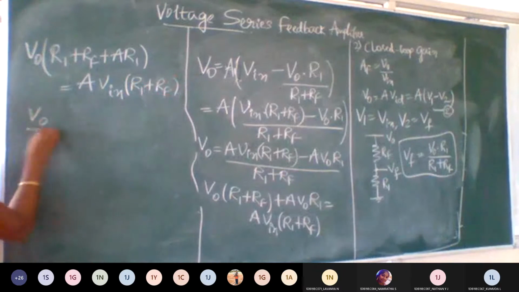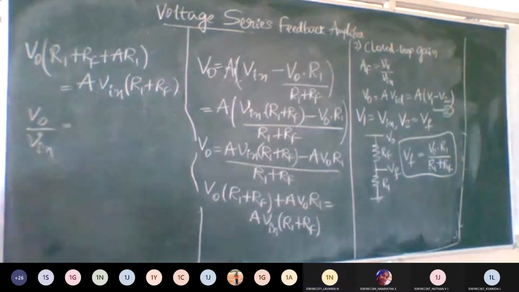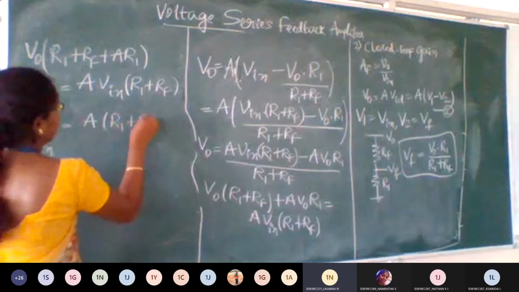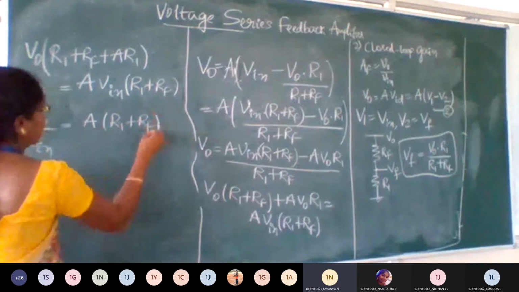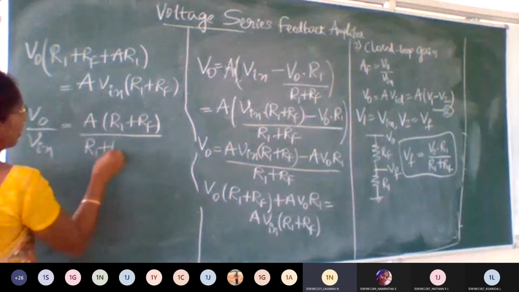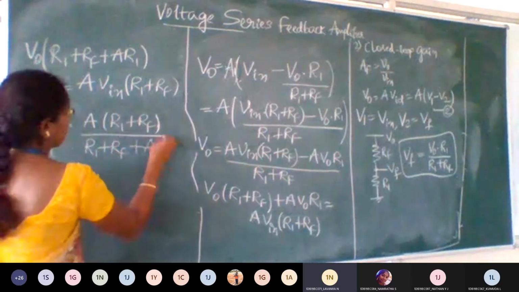So what is V naught by V in now? It is A into R1 plus RF divided by R1 plus RF plus AR1.